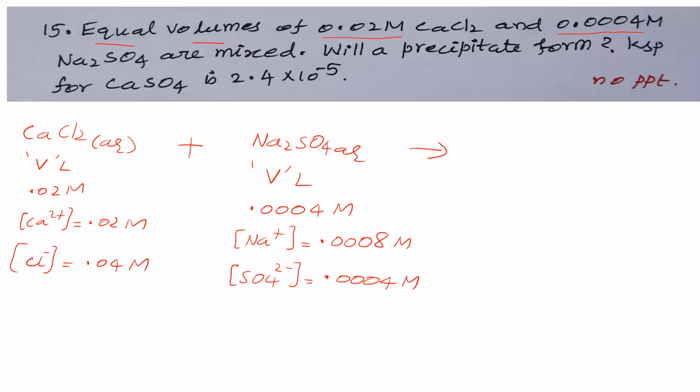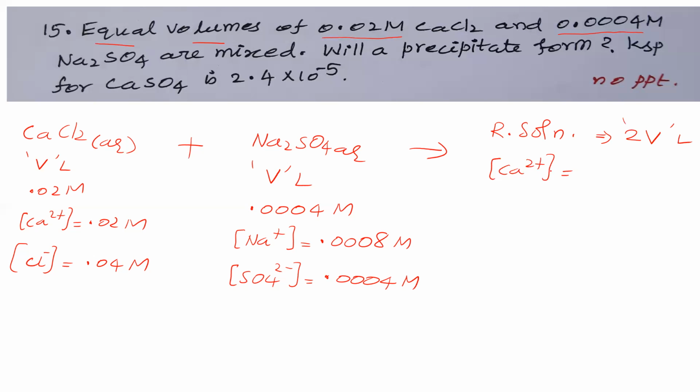On mixing both, we get a resultant solution. The volume of the resultant solution is 2V liters, that means the volume is doubled, because equal volumes were mixed. Now we will see the concentration of calcium ion.